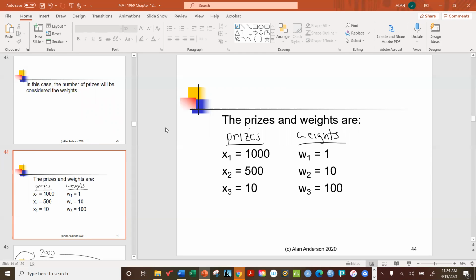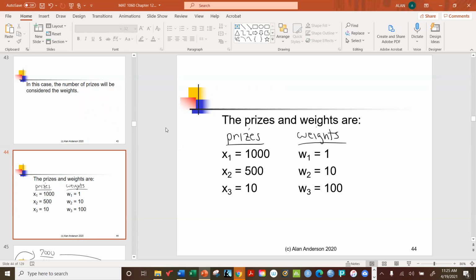So think of the prizes as the X's, or the sample elements, or in this case, population elements. The weights are the frequencies with which we observe these prizes: 1 for the $1,000 prize, 10 for the $500 prize, and finally 100 for the $10 prize. Once we've got that straight, then all we have to do is plug these numbers into our formula.